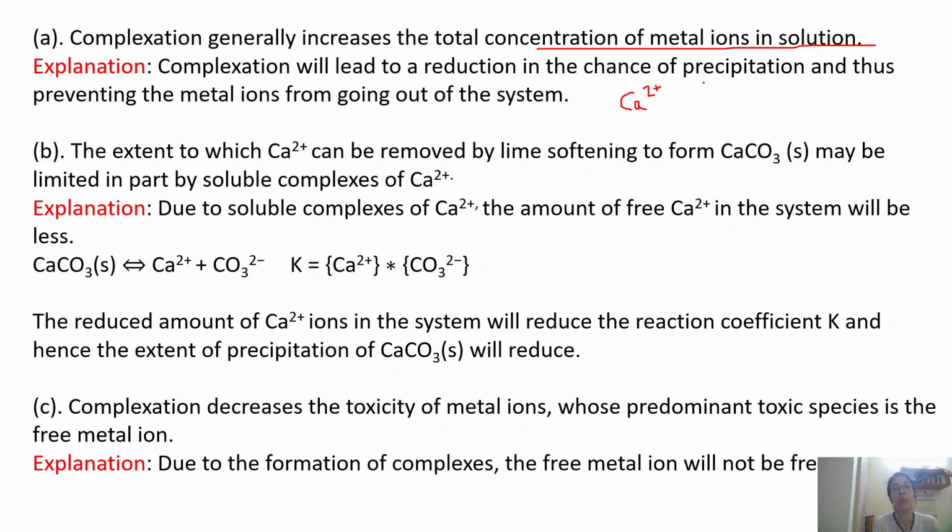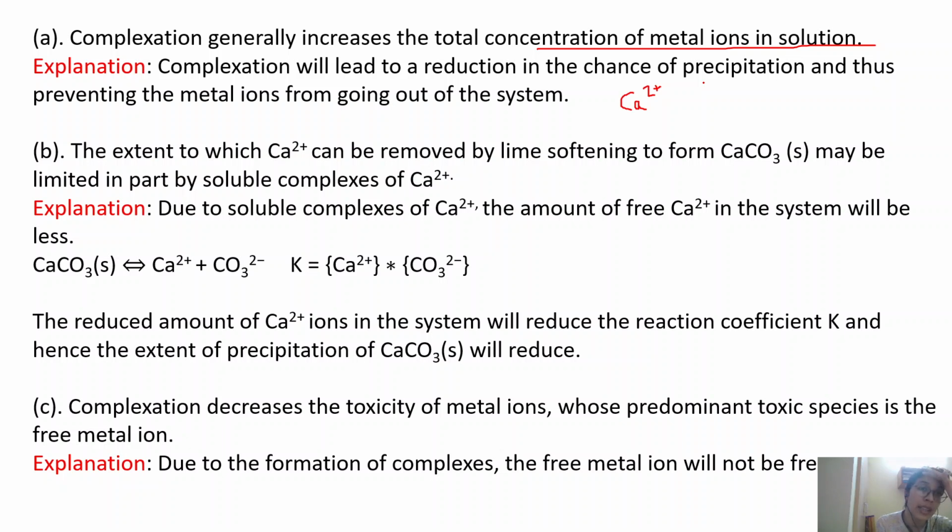These ions are forming complexes, which is preventing them from precipitation. So that is why option A is correct, because complexation generally increases the total concentration of metal ions in the solution. Since they are not precipitating, they are still in the solution form. It means it is increasing the concentration.